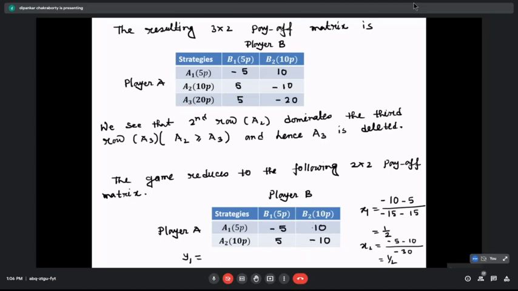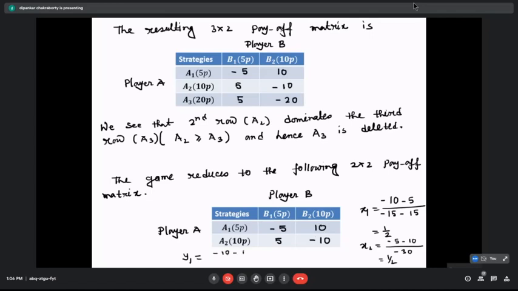Second column we will consider, yes. No, no, for y1 we will delete the first column and consider the second column. What will be here?